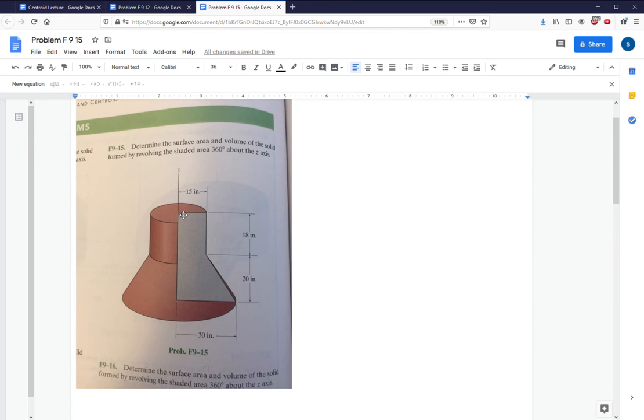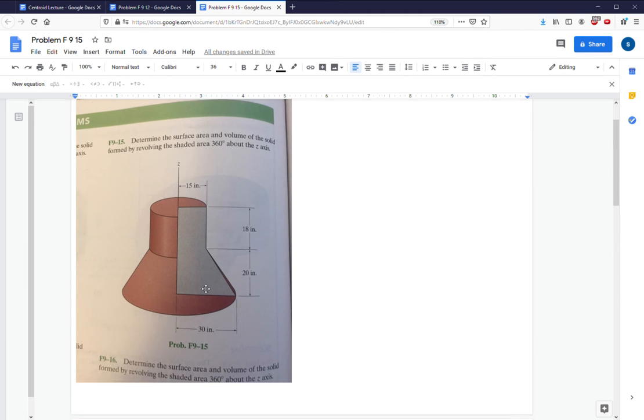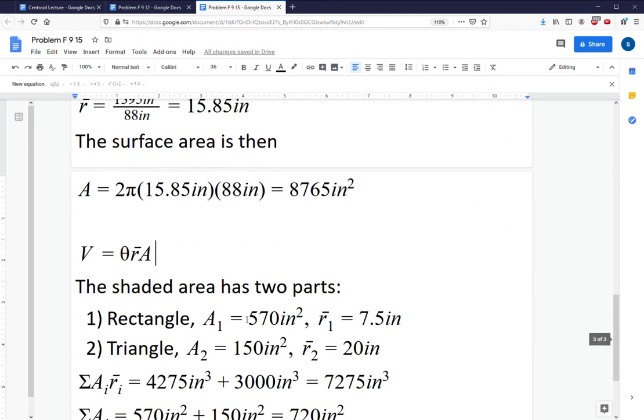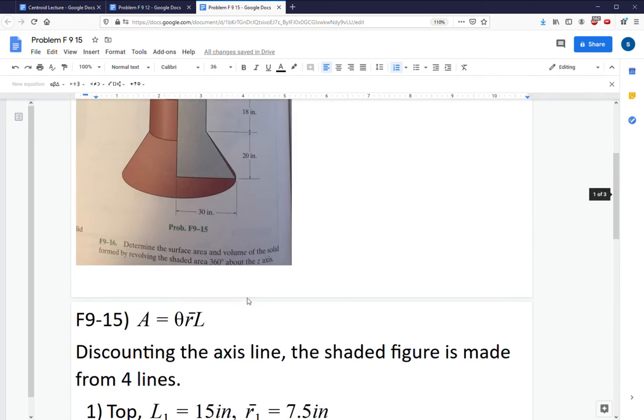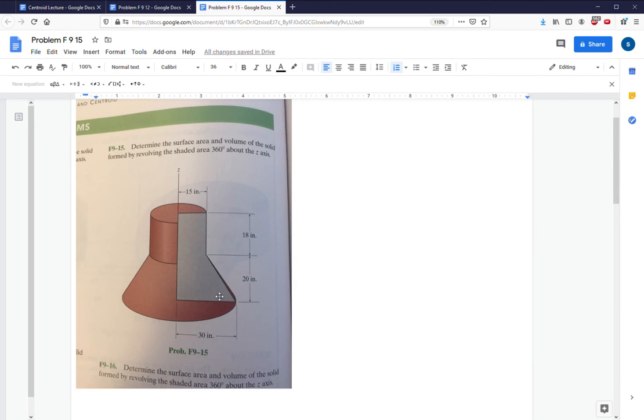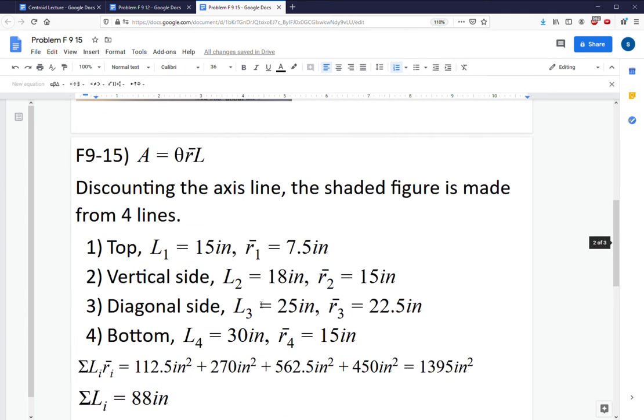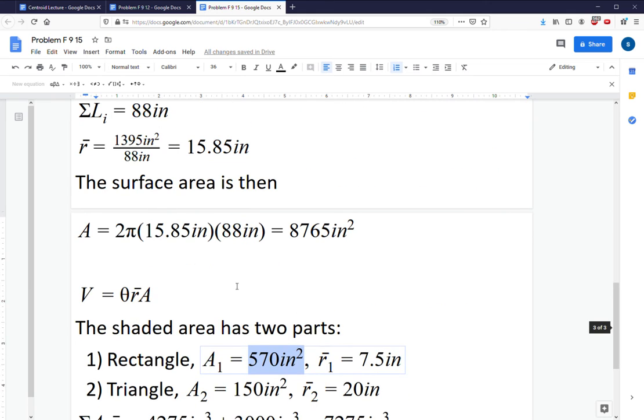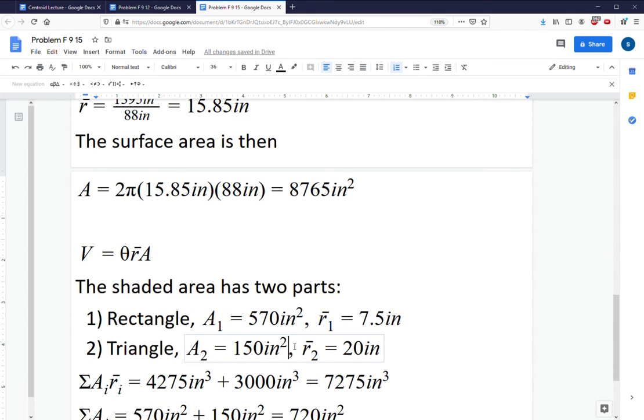For the rectangle, the area is base times height, 15 inches times 38 inches, which is 570 square inches. For the triangle, it's 1/2 base times height. The base is 15 inches. The height is 20 inches, for a total area of 150 square inches.